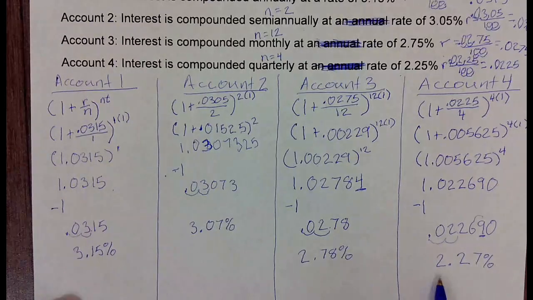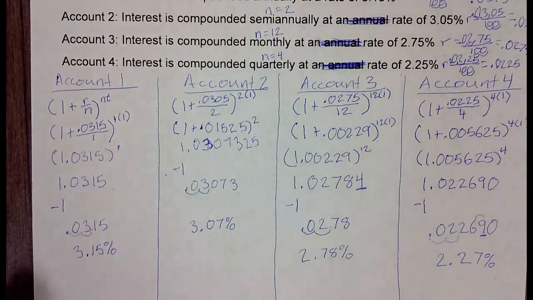And for account 4, it's 2.27%. And this lets me compare which one will give me a better interest rate, because I know the effective annual interest rate, what percent it would compound at each year compared to what percent it compounds at each month. All right, and that's our review.